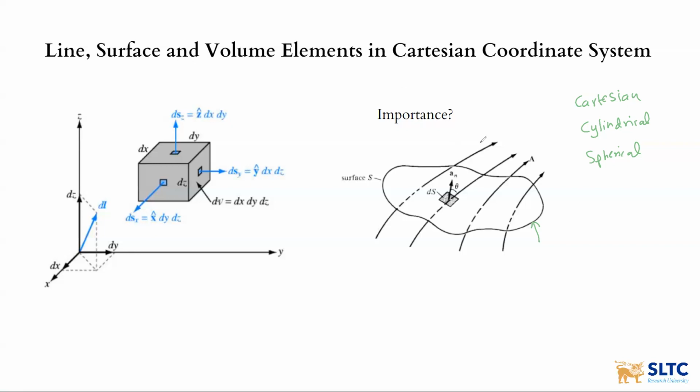So when we talk about the Cartesian coordinate system, as you are very familiar with it, I do not really need to emphasize its importance, because it can be used in any kind of situation, and it can relate to any other coordinate systems as well.